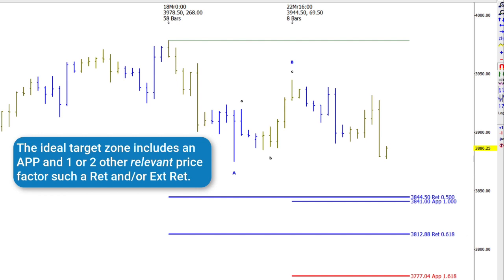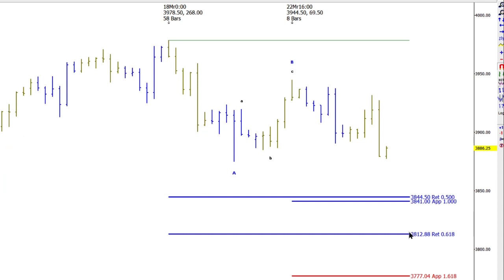And then we have the 162% alternate price projection and the 78.6% retracement, quite a ways down below that. More than likely, with the information we have, if the ES is making a correction, it would make it right around this 50% retracement or right around the 78.6% retracement.